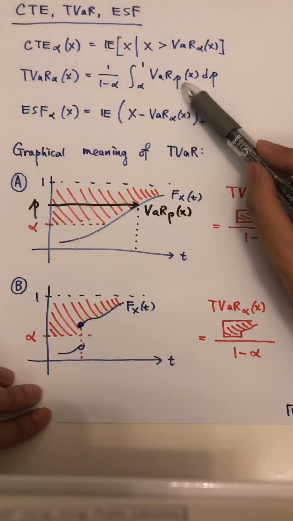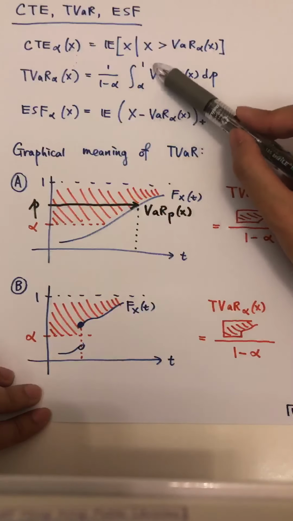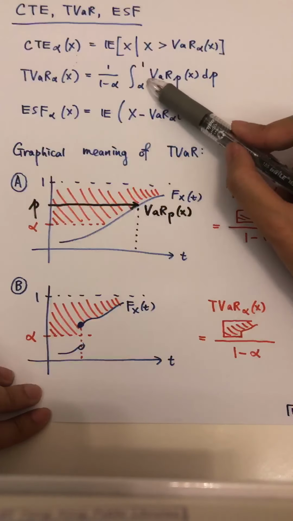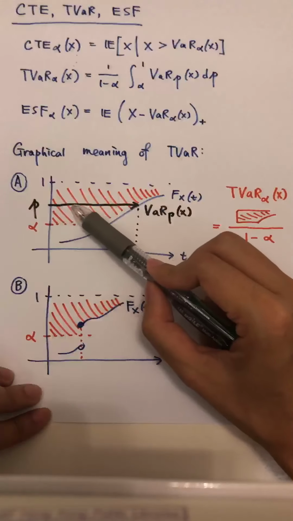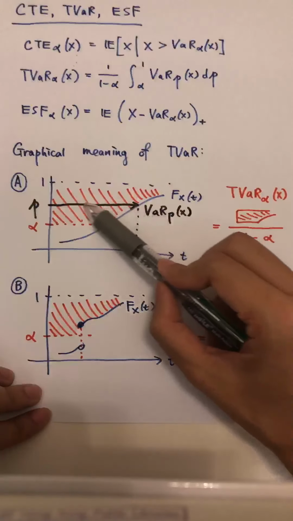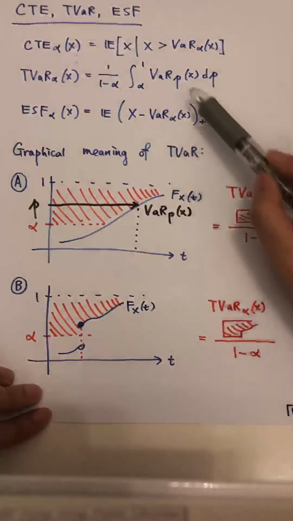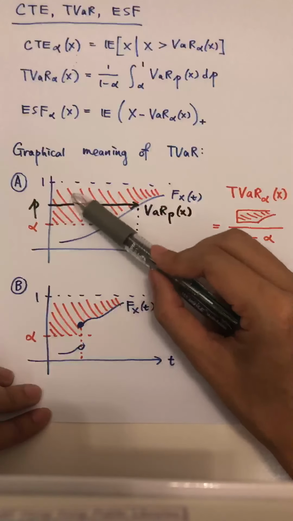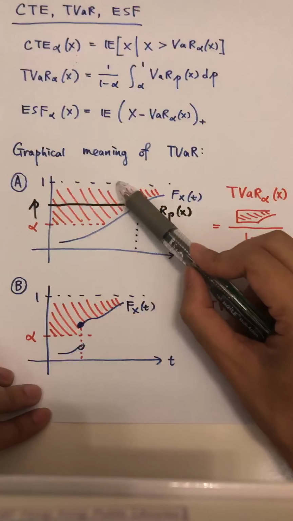Now we need to change p from alpha to 1. Basically the integral here is to add up all these horizontal bars. That means this integral is simply the total area of the shaded region.